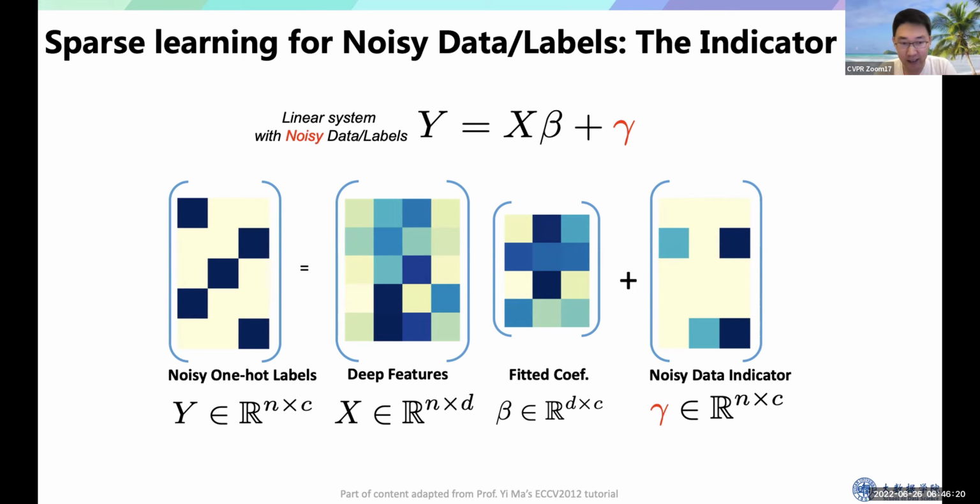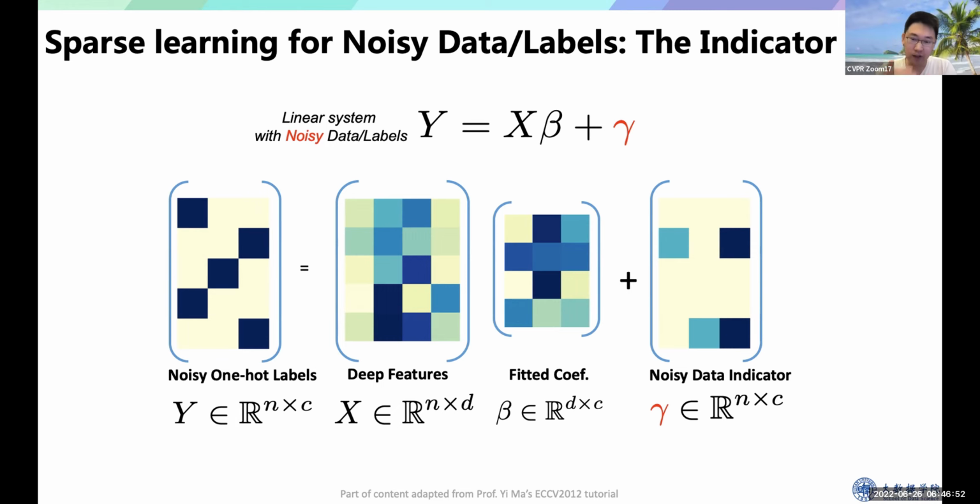But for noisy data, the observed label is inconsistent with the Oracle linear model, and the gamma should be biased towards the prediction of the linear system to the corrupted noisy label. So for the noisy one-hot label here, the gamma should have some non-zero value.